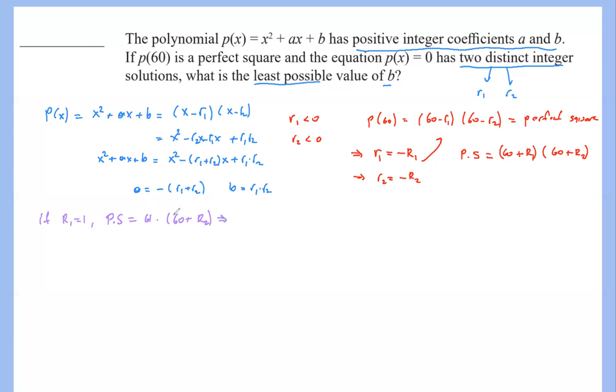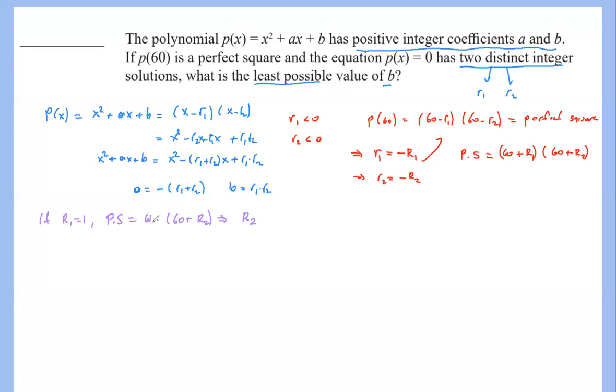This is kind of trial and error, but at the same time, you can use the numbers that we are given so we can get what we are looking for easily without trying too many things. We are going to multiply 61 by the number from this parenthesis, and the product should be a perfect square.